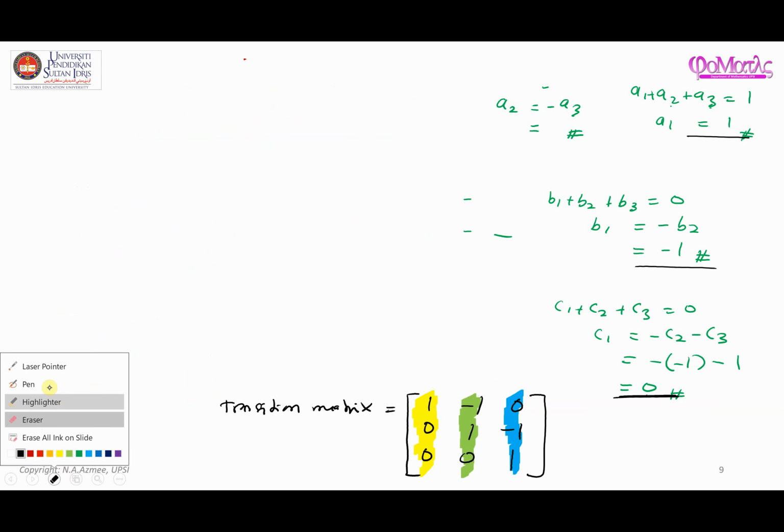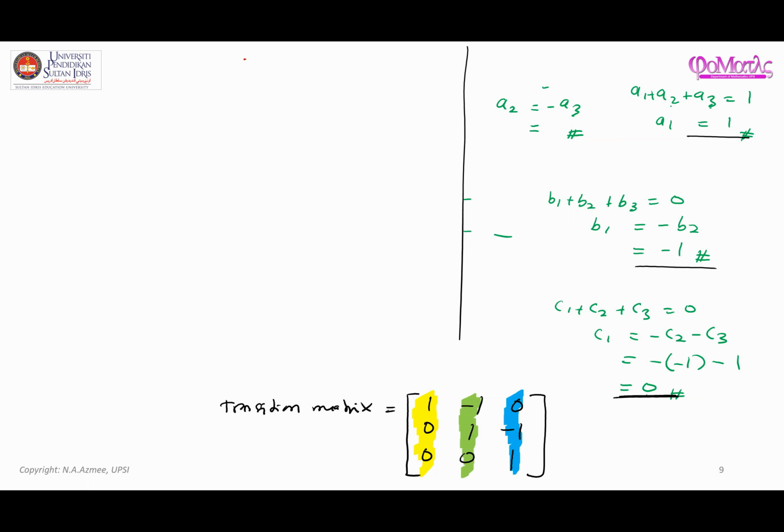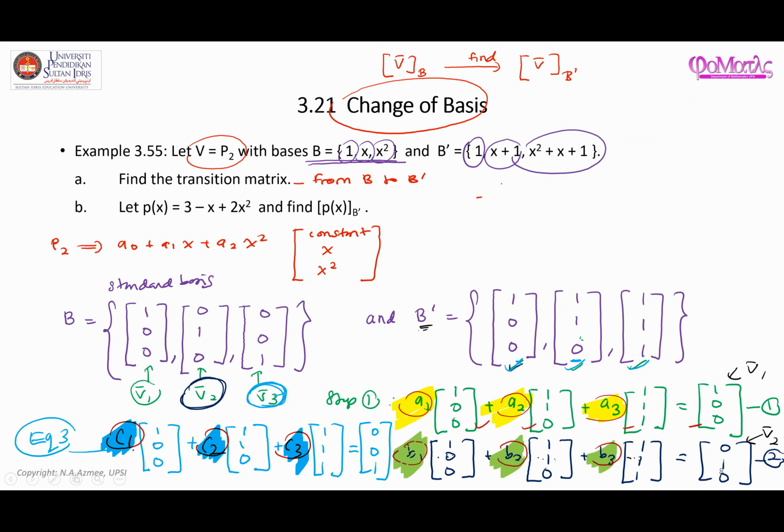Okay, so the question here is asking you to find the coordinate vector of px relative to the new basis B prime, and it gives you this polynomial of degree 2. So I'm just going to write down here.